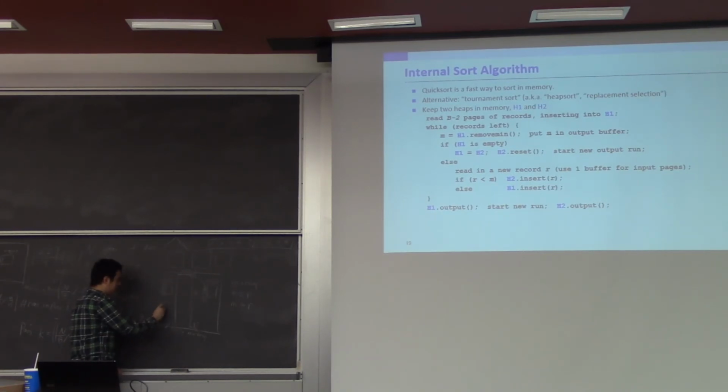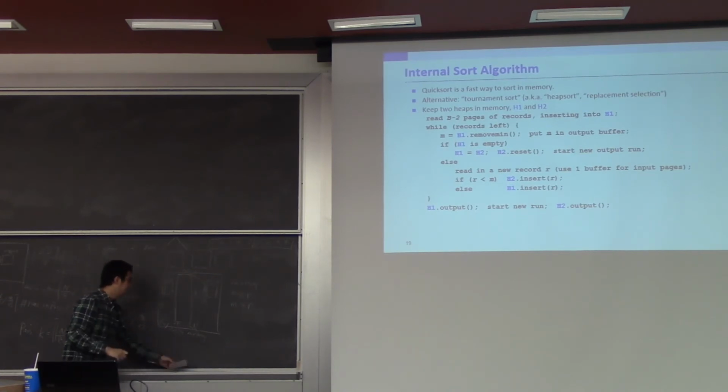So you can put R into the H2 min heap here. This way, you can still fully occupy the memory, and you don't violate the property of the whole run, that it has to be sorted. That's what the algorithm is saying.